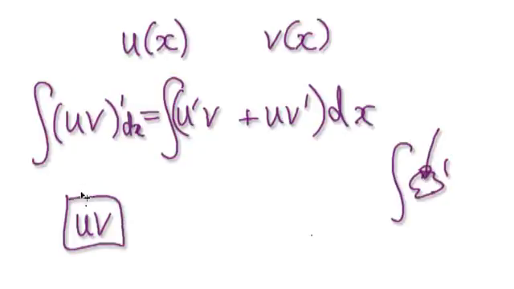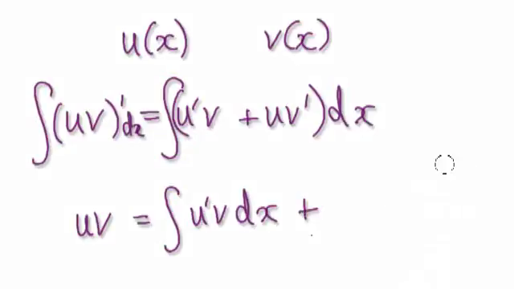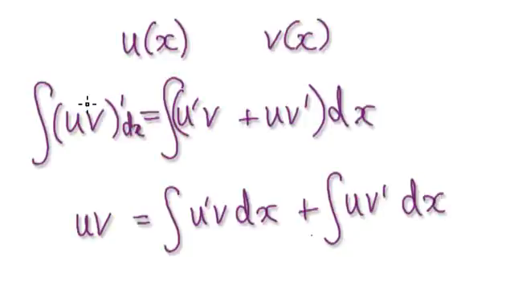So this block here becomes this thing here. But before we do that, let's try and break this up. So this is the same as the integral of u prime v dx with respect to x, and then plus, now break this bit up, it would be plus the integral of u times v prime with respect to x.